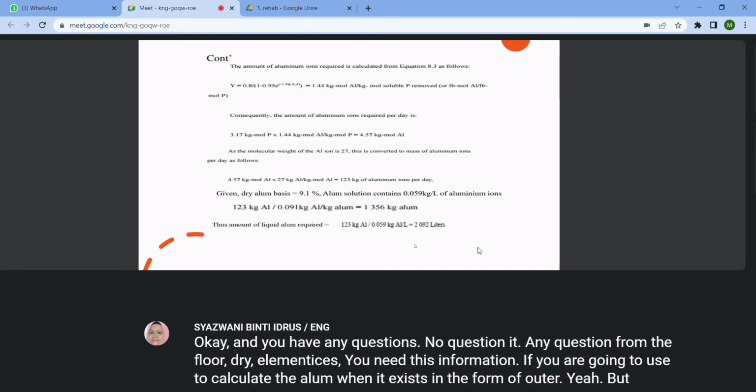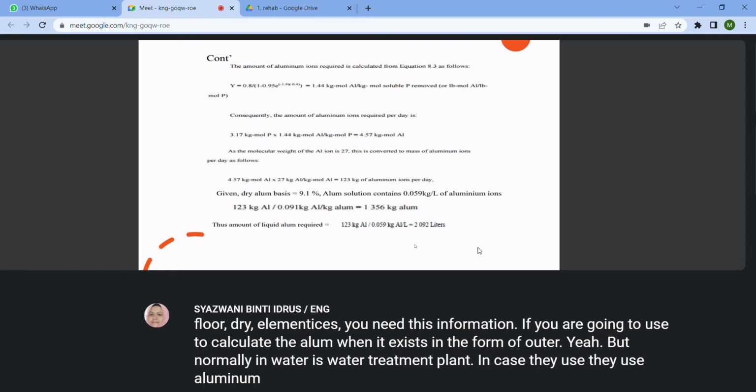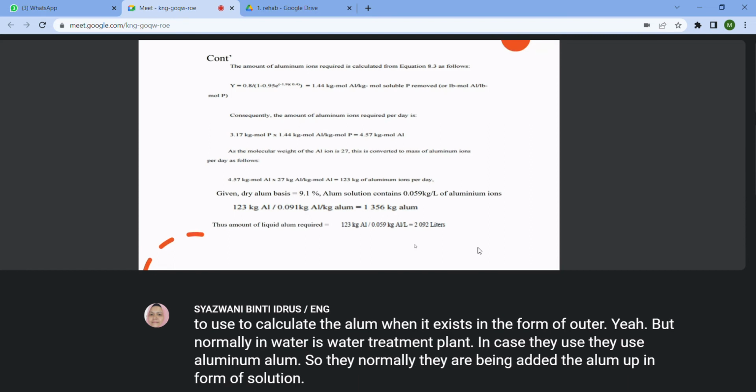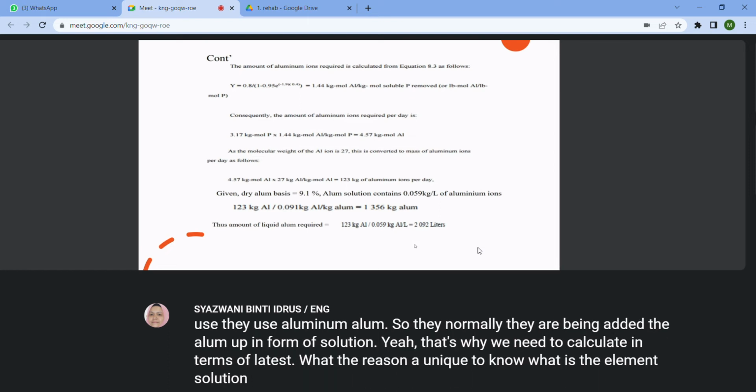But normally in a wastewater treatment plant, in case they use alum, it is added in the form of solution. That's why we need to calculate in terms of liters. For that reason, you need to know the alum solution content in kg per liter of aluminium ion.